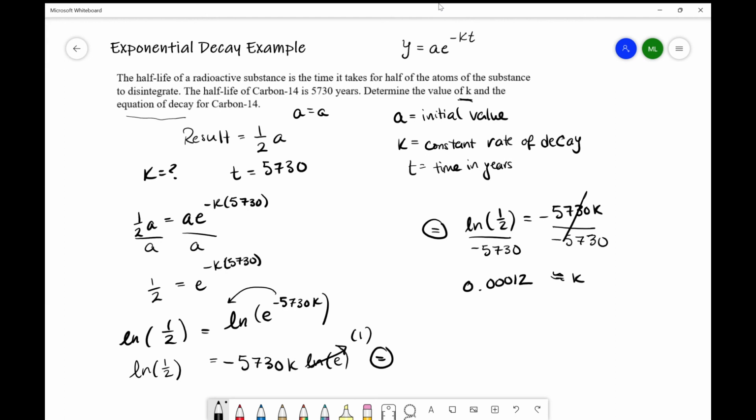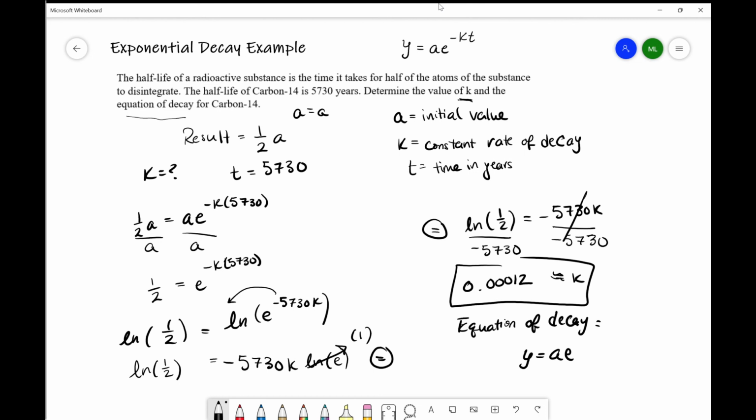Now let's plug it into our equation of decay for this substance. We found k, which was this number right here. The equation of decay is y equals a e to the power of negative 0.00012 times t. Because they don't give you an initial value, you can just keep a as it is.